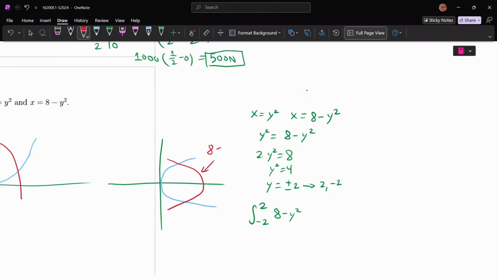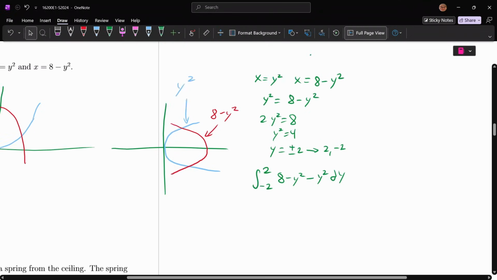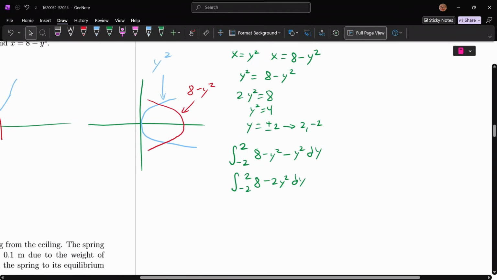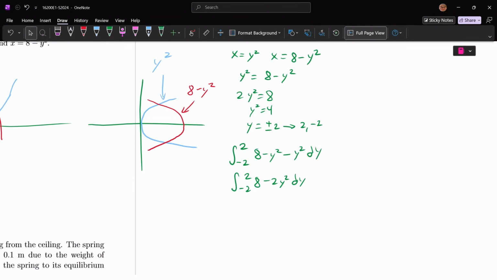This is 8 minus y squared, and this is y squared. Then setting up your integral, you should end up with something that looks like this. That can simplify to the integral from -2 to 2 of 8 minus 2y squared. From here, all we have to do is compute it and we'll have an answer. You can see how, like I was saying earlier, the math is identical. It's just visually less intuitive.